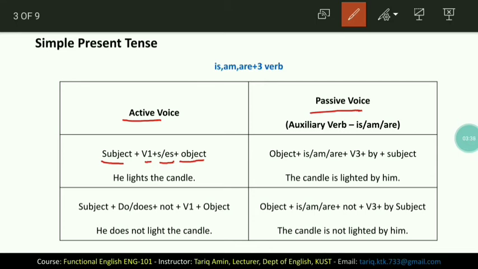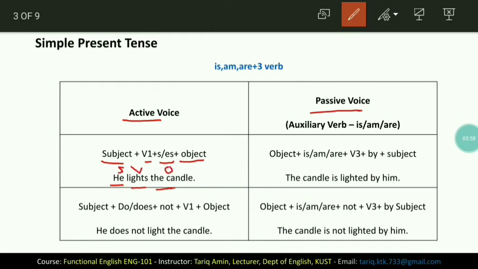In this example, he is subject, lights is verb, with s added to the first form of the verb light, and the candle is the object. He is subject, lights is verb, the candle is object.